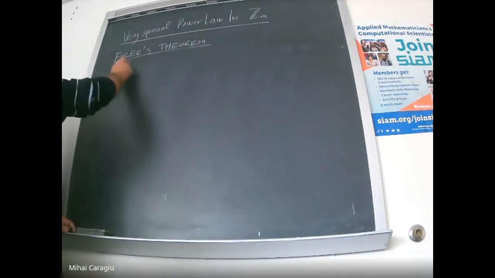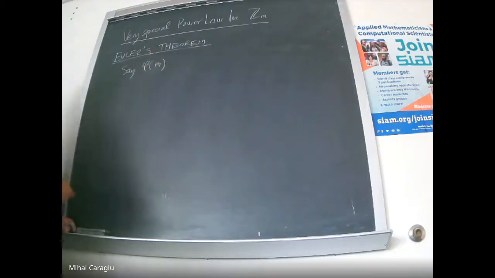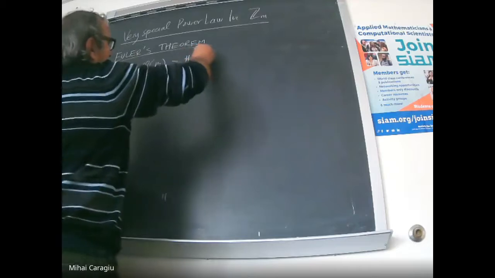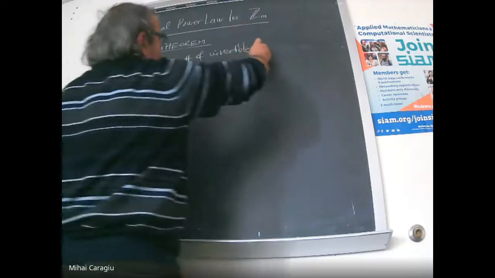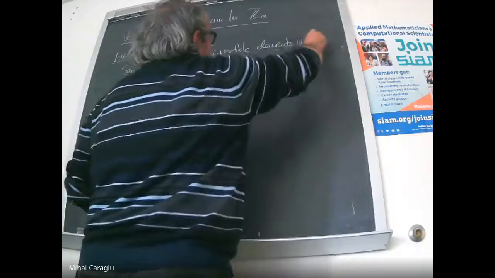Let's define phi of m, the Euler's totient function, as the number of invertible elements in Zn.